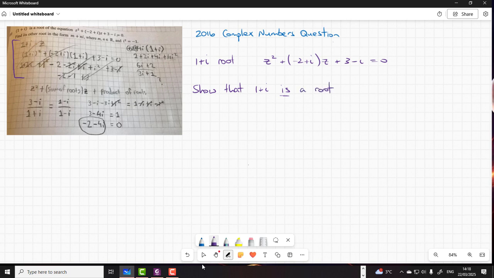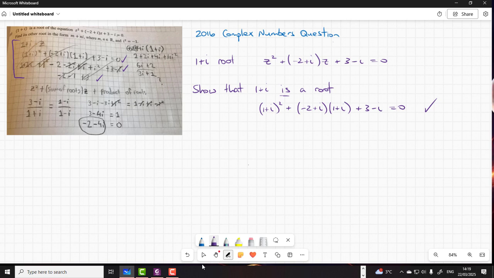Well, if you sub 1 plus i in for z, so (1 plus i) squared plus (minus 2 plus i) times (1 plus i) plus 3 minus i, well, this work here is all correct, and you end up with minus 2 minus 1 plus 3, which is minus 3 plus 3, which is 0. And when you sub in a root into a quadratic equation, you should get 0 if it's a root. So this here showed that it's a root because everything cancels and you get 0 equals 0.